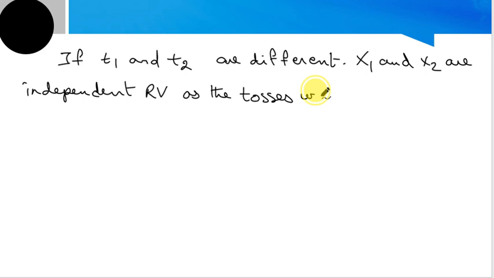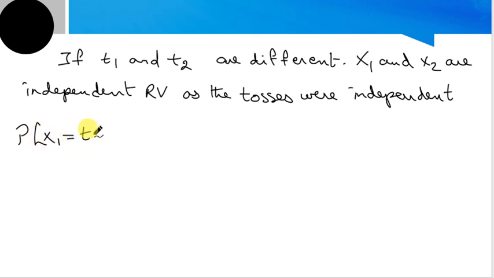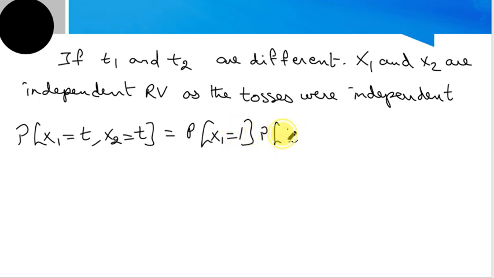As the tosses were independent, we have probability of x1 equal to 1, comma x2 equal to 1, will be equal to probability of x1 equal to 1 into probability of x2 equal to 1. So this probability we know is half. So half into half, value equal to 1 by 4.